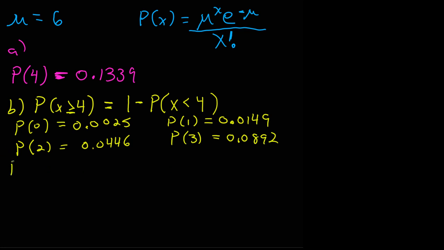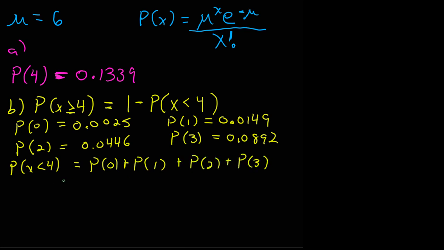And so the probability of x being less than 4 is the sum of all the probabilities where the value is less than 4. If I sum those together, I get 0.1512. But I want the probability of x being greater than or equal to 4.